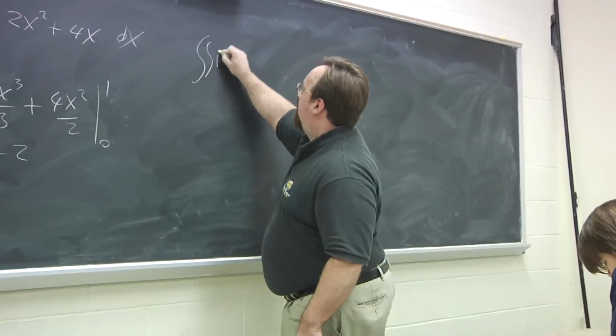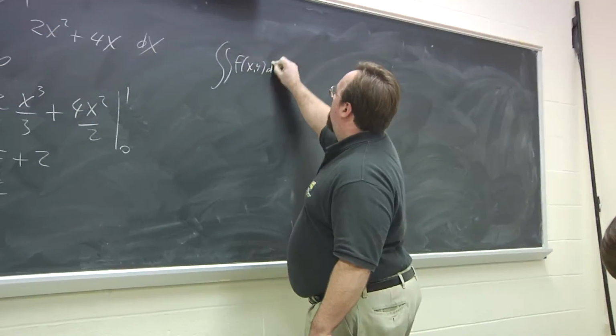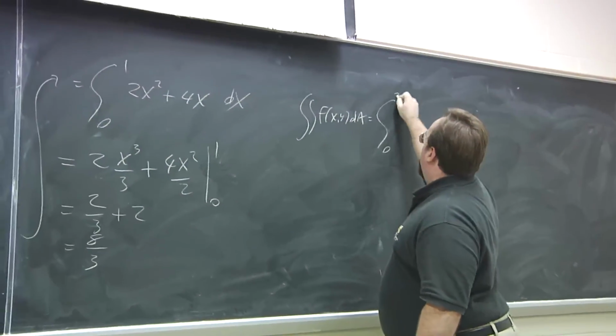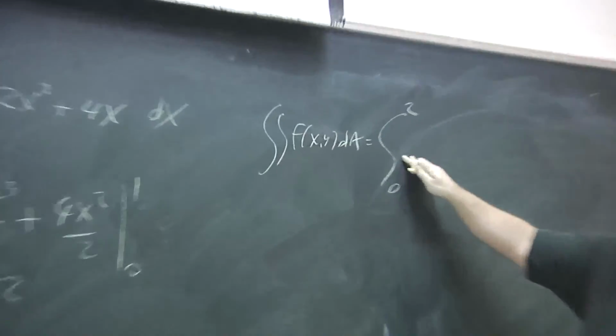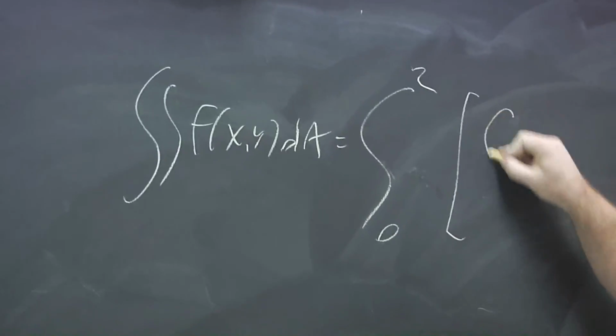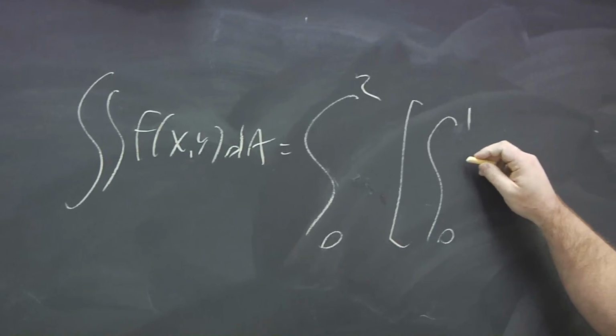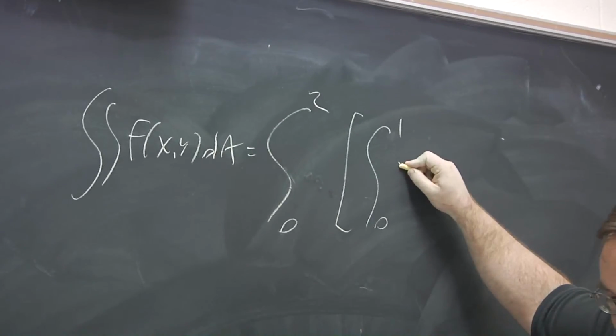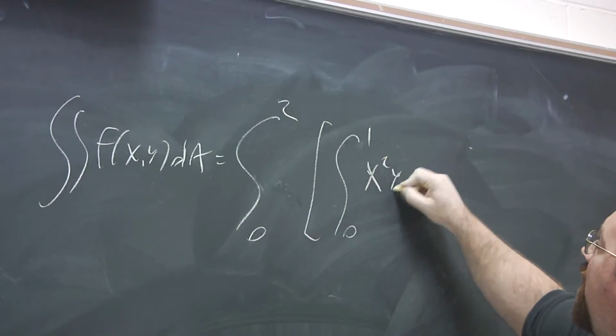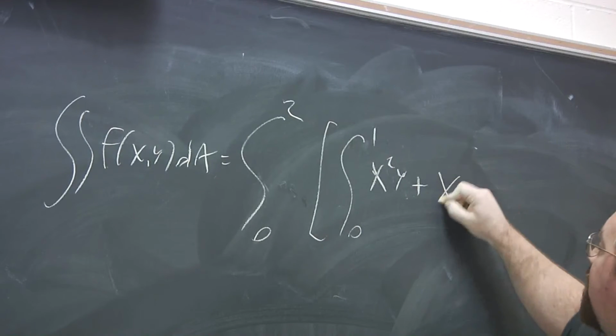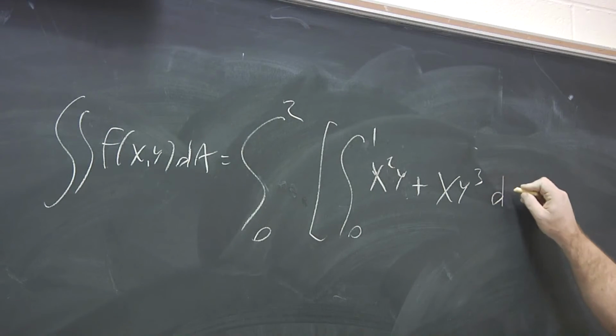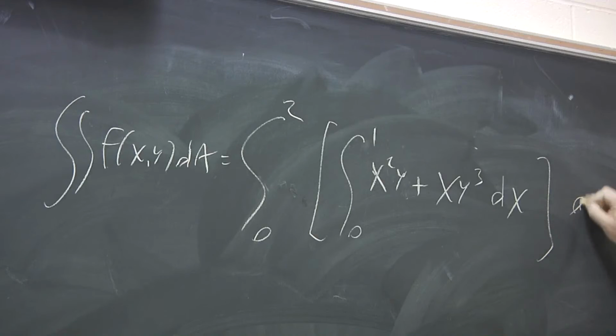So, question. So 0 to 2 with respect to y is the outer integral. Now we have the integral from 0 to 1 in x, of x squared y plus x y cubed, dx dy.